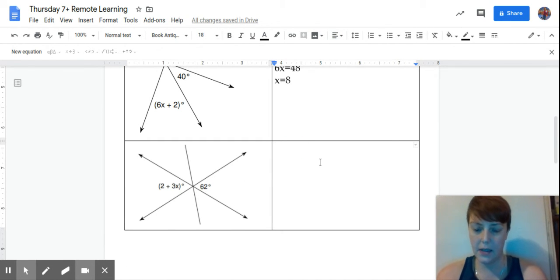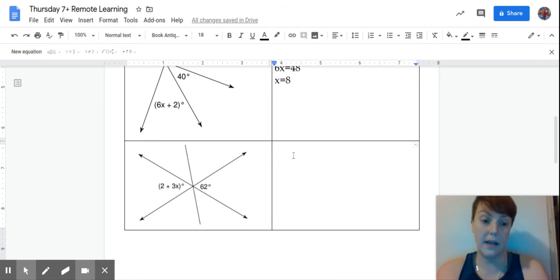The last one is a set of vertical angles. See how they are across from the intersection, across from the x. We see this third line right here, and that's not really affecting anything. But this x is the creation of these two vertical angles.